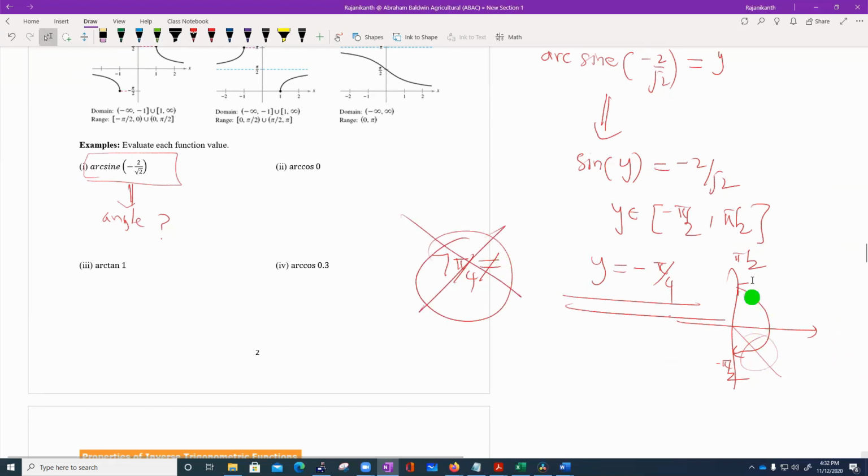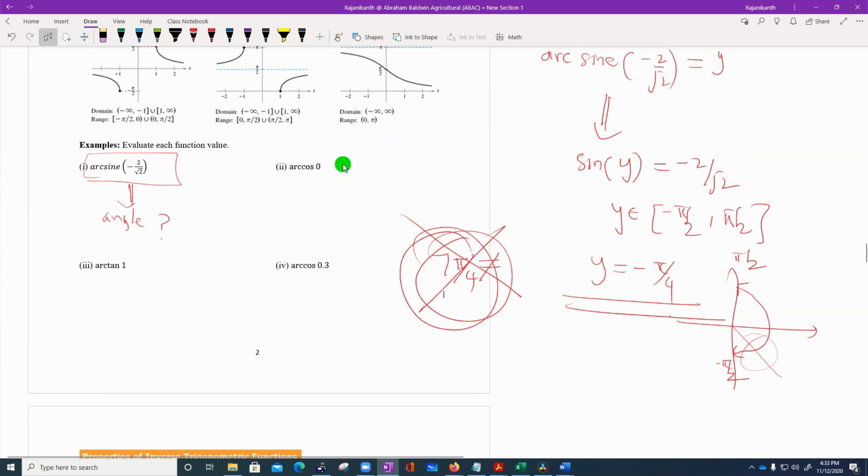Our range is here, negative pi over 2 to pi over 2. So look for the answer within this range. This value is out of this range. That's why we restrict our range, to avoid these kinds of things. You will always find only one answer whose sine value is negative 2 over root 2, which is negative pi over 4.